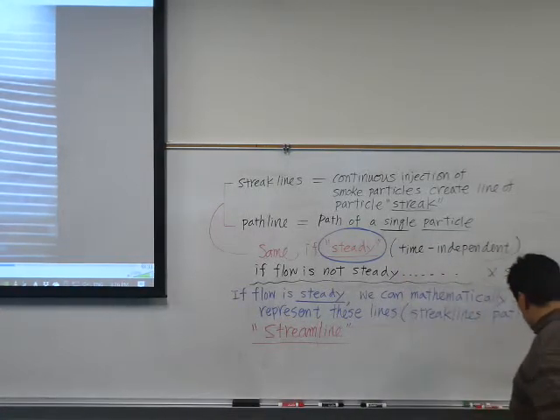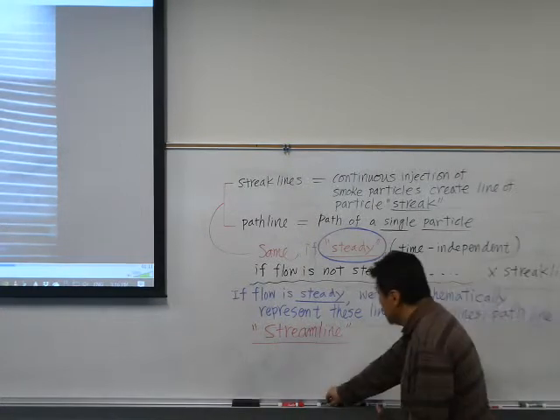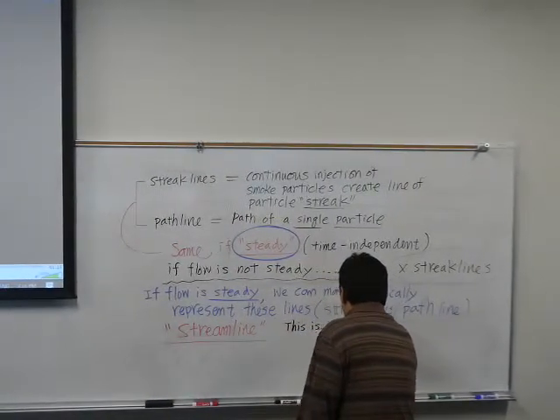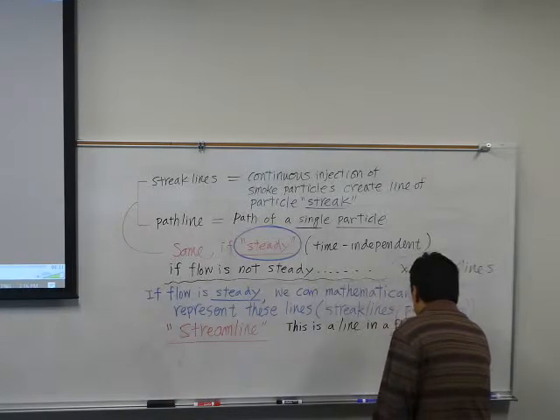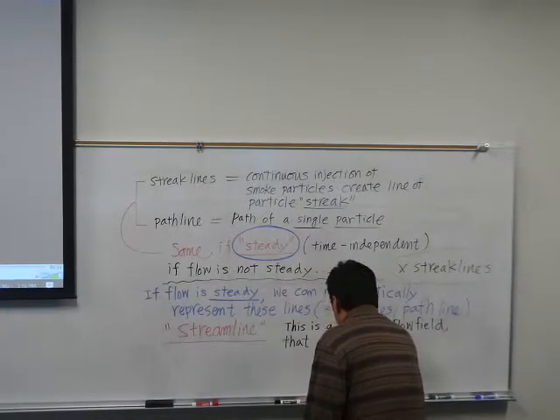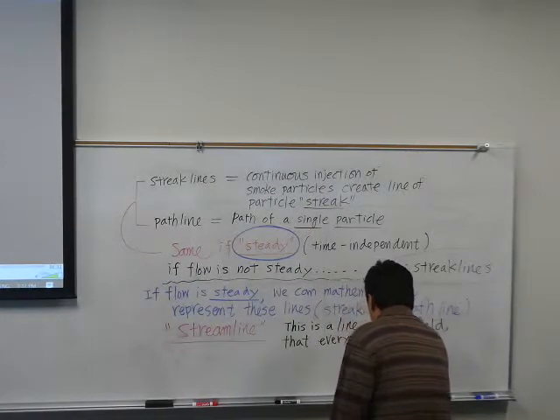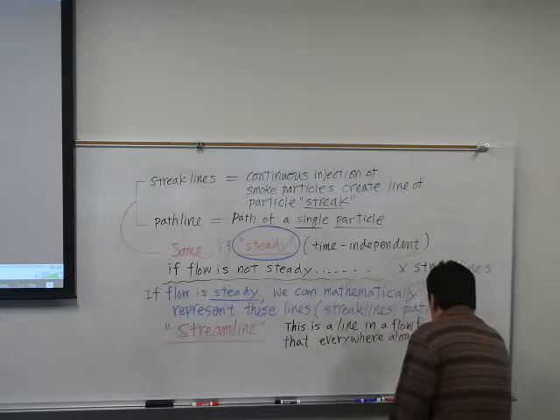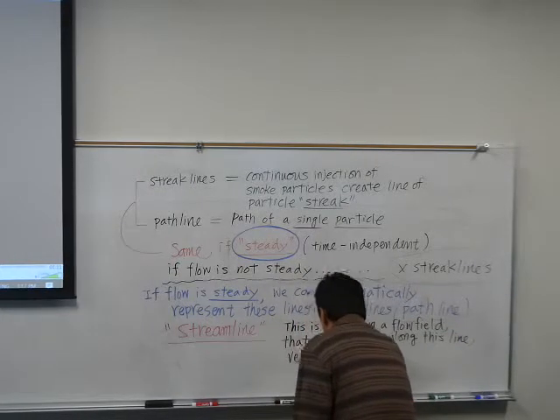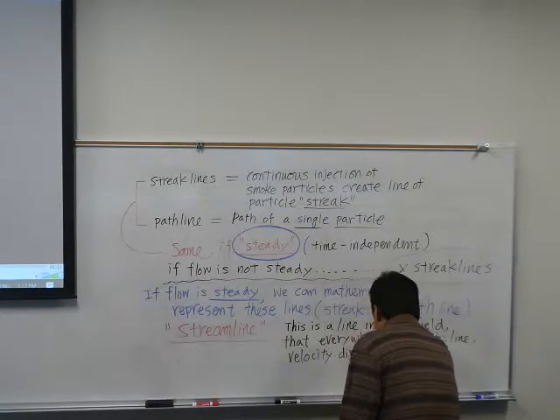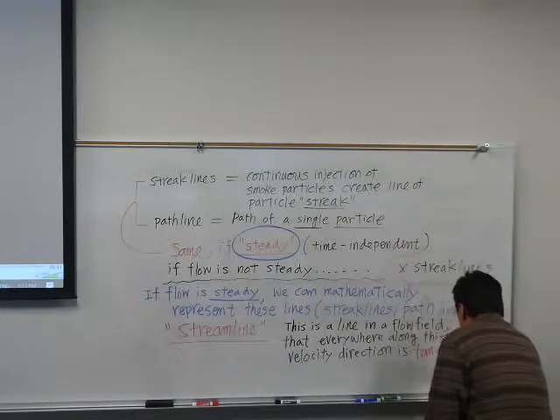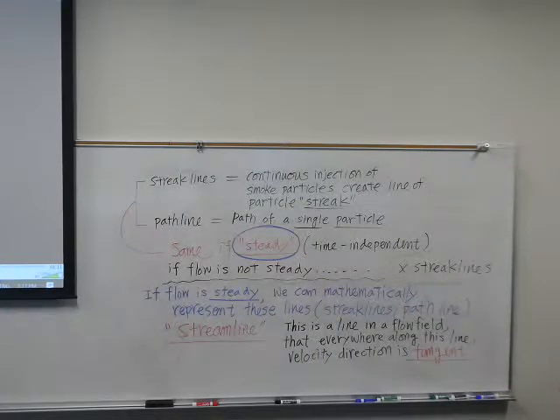In terms of physics, a streamline is a line in a flow field along which everywhere the velocity is tangent. That's the physical meaning of the streamline.